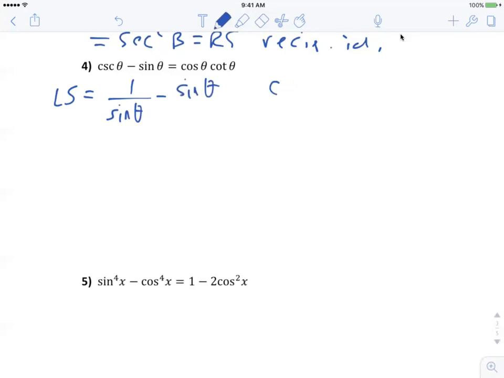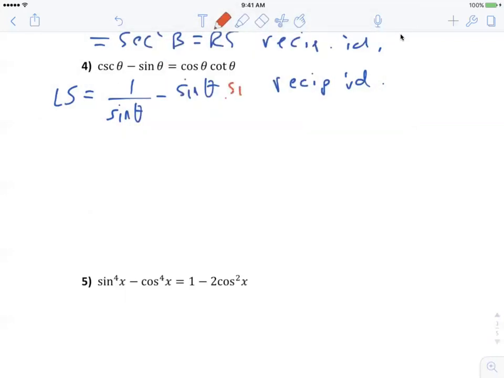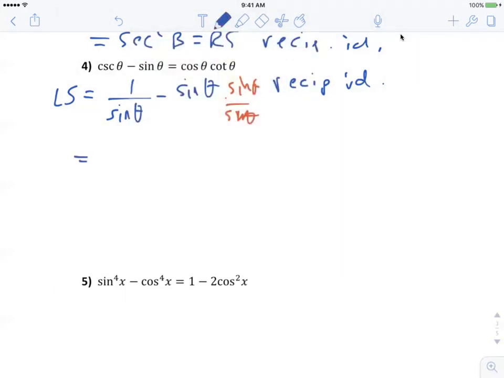What am I trying to spell there? Okay, reciprocal identity. I'll spell it out later. Now I'm going to have to get a common denominator, right? So I would multiply by sine over sine over here. And then the top is now 1 minus sine squared, all over sine.